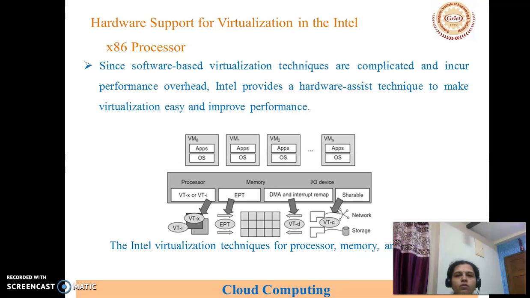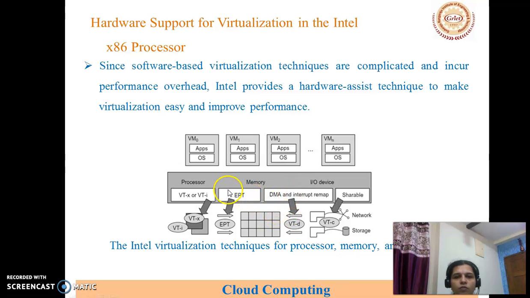Now we will see how hardware-supported virtualization works in the Intel x86 processor. Since software-based virtualization techniques are complicated and incur performance overhead, Intel provides a hardware-assist technique to make virtualization easy and improve performance. Here is the diagram which shows the Intel virtualization technique for processor, memory, and I/O devices.